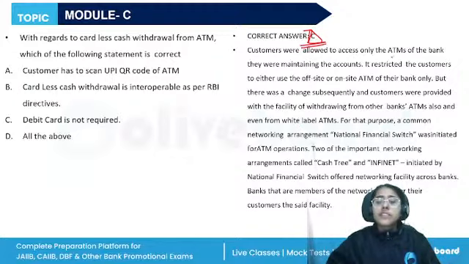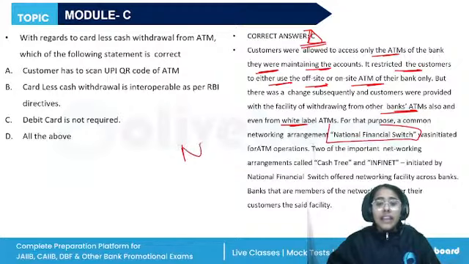All right, so the customers were allowed to access ATMs of the bank in which they were maintaining the accounts. It restricted the customers to either use the off-site or on-site, but now changes have been made. Customers have the facility of withdrawing from other banks' ATMs and even from the white label ATMs. This is because of the National Financial Switch, NFS, right?